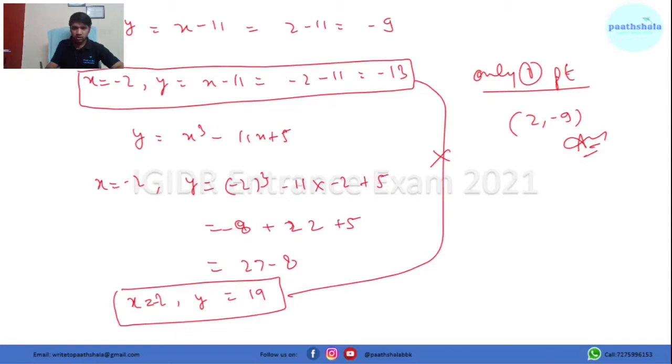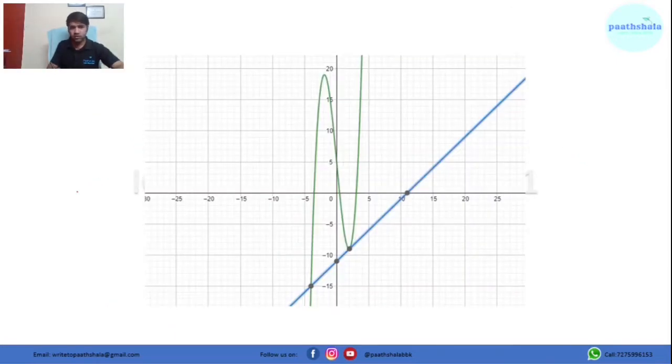And let me explain you this with the help of graph as well. So here you can see that this equation represents the graph, that is y equals to x cube minus 11x plus 5. Okay, and this line represents y equals to x minus 11. Okay, so you can see that we have only one intersection point, that is corresponding to 2 comma minus 9.